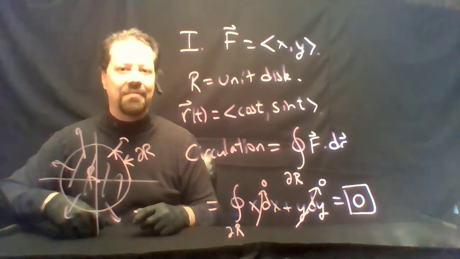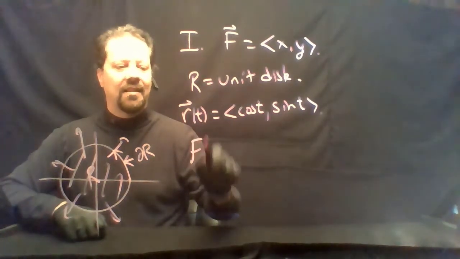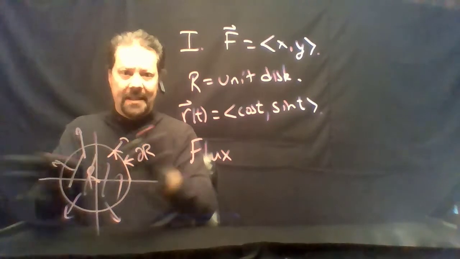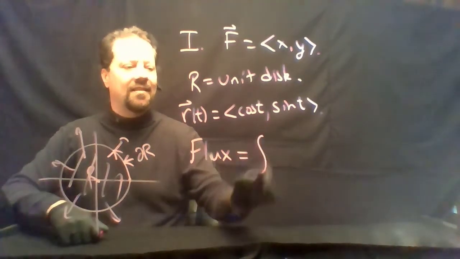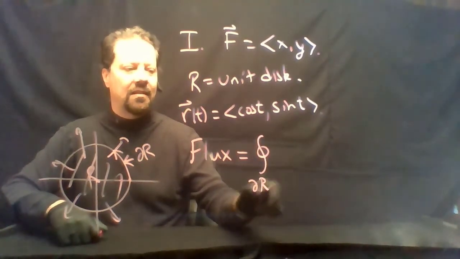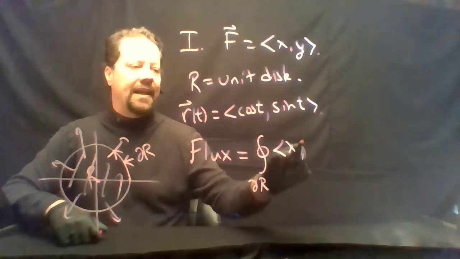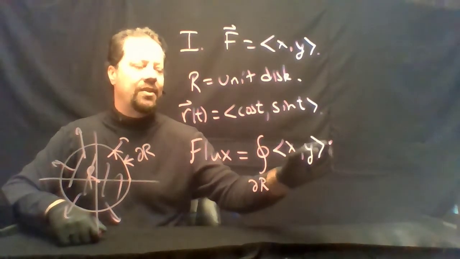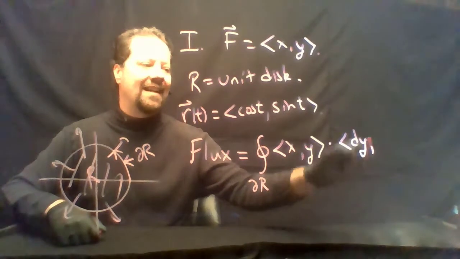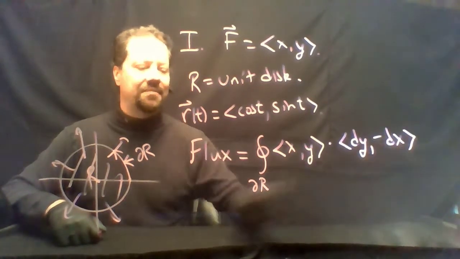Now let's calculate the flux. We expect a positive flux. We'll have the vector field F dotted with dy, comma, negative dx.